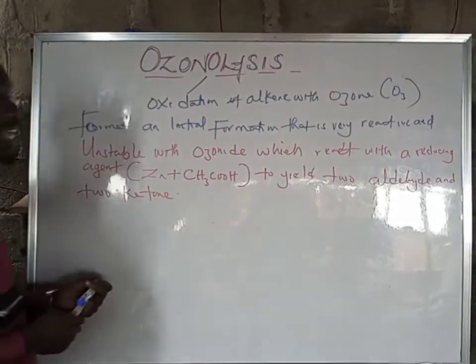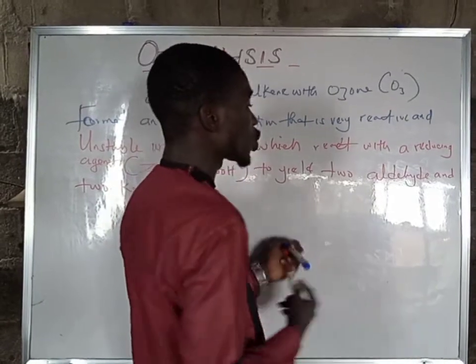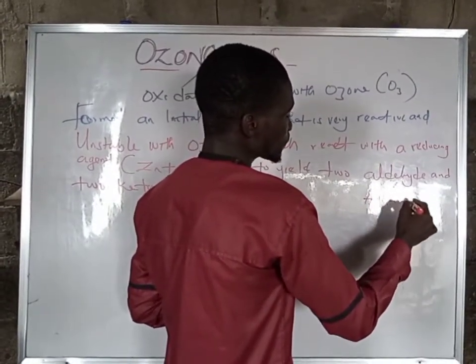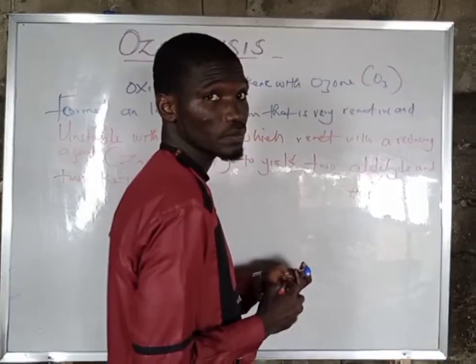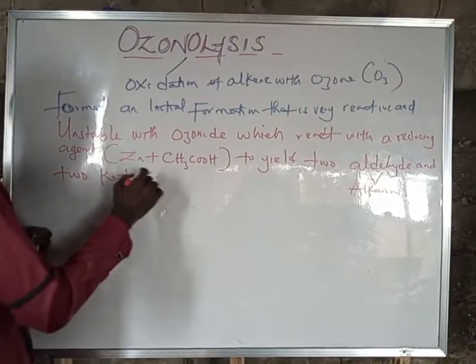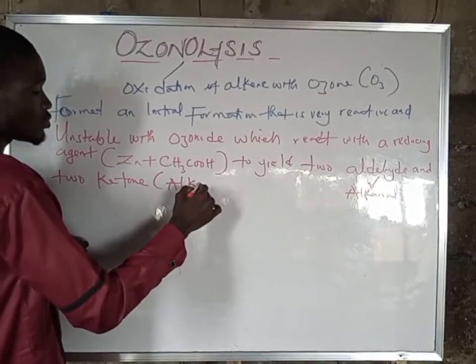Ketone. And don't forget that in some textbooks, we classify this aldehyde as alkanal. Don't forget. And this ketone, we call it what? Alkanone.